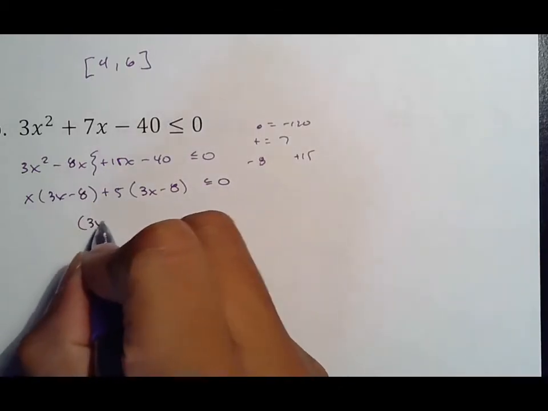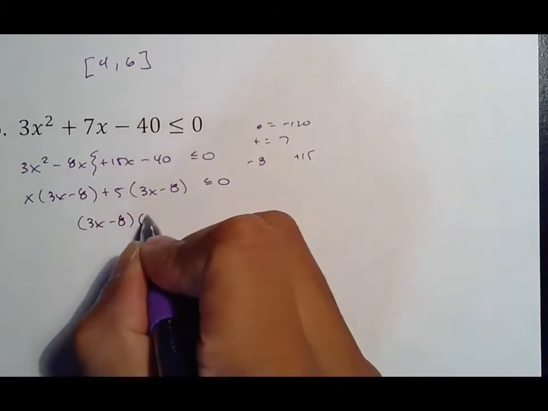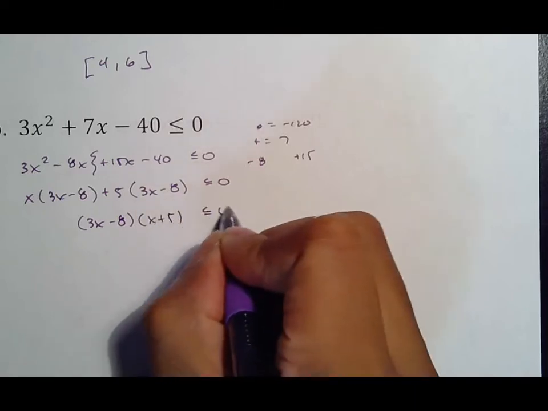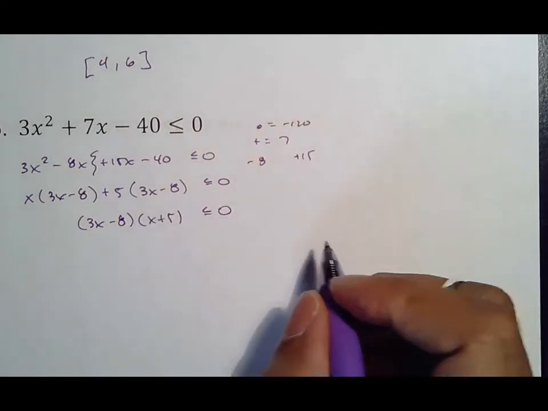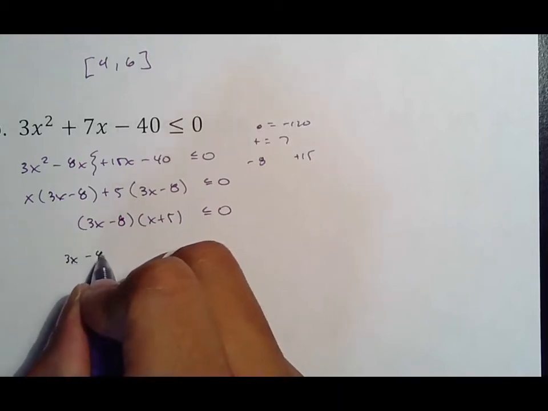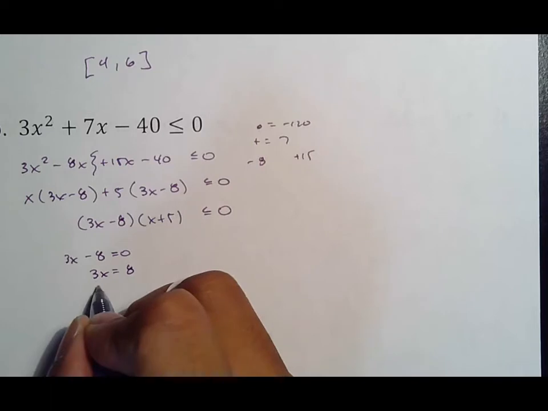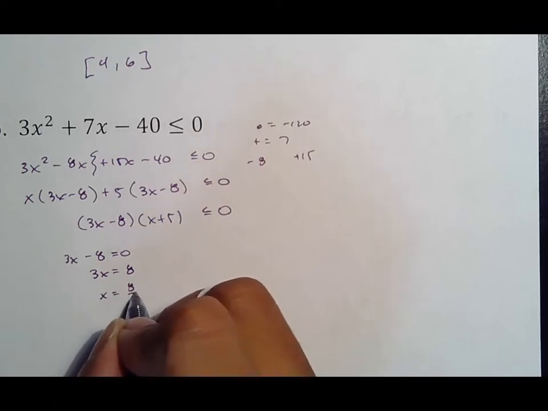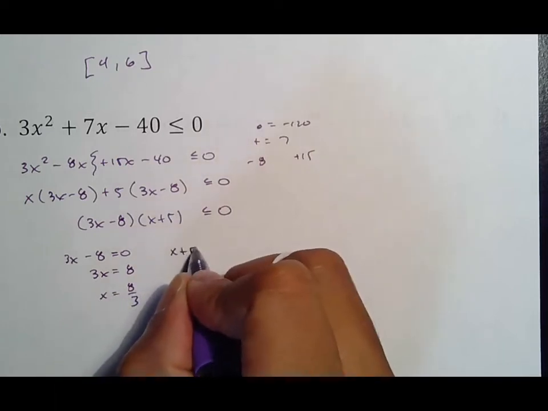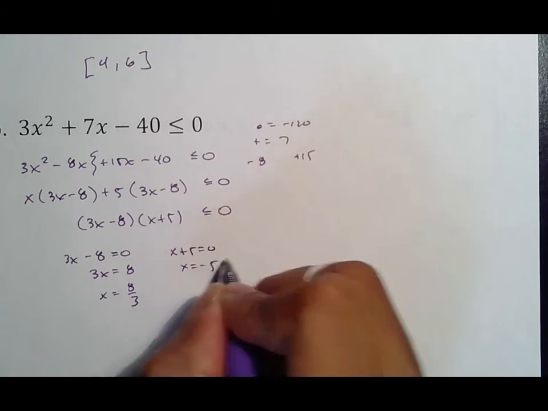I then can factor 3x minus 8 and x plus 5 less than or equal to 0. I then have to solve. Adding 8 would make it positive. Dividing by 3 makes it 8 over 3. And gives me a negative 5.